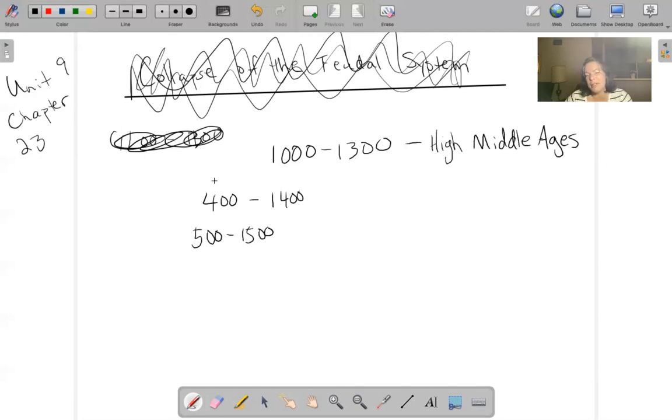The low Middle Ages were the beginning, so maybe 400 to 700. The middle would be about 700 to 1,000, and the high would be about 1,000 to 1,400. But specifically right now, we're talking about 1,000 to 1,300, part of the High Middle Ages.